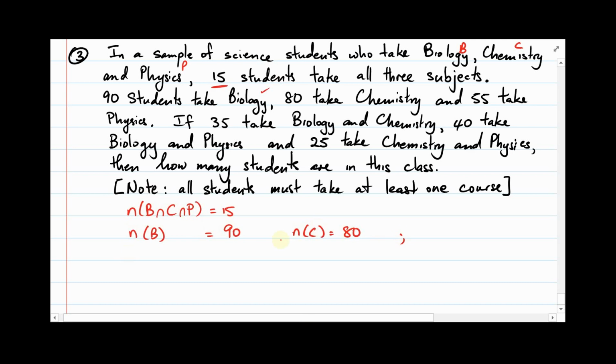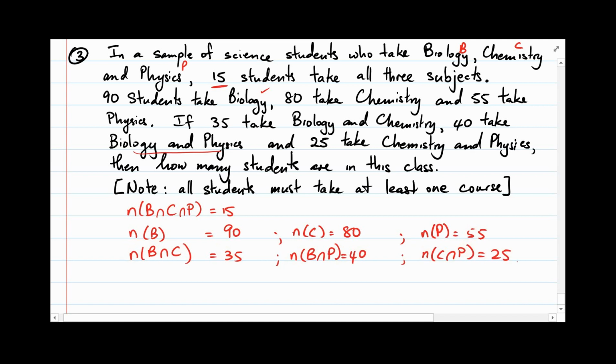The number that takes physics is 55. Then we have 35 students that take both biology and chemistry. The number that take biology and physics is 40. And the number of persons who take chemistry and physics is 25.